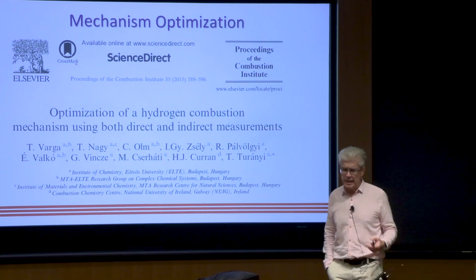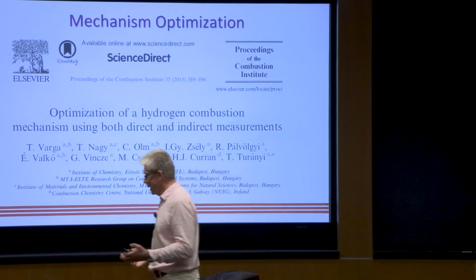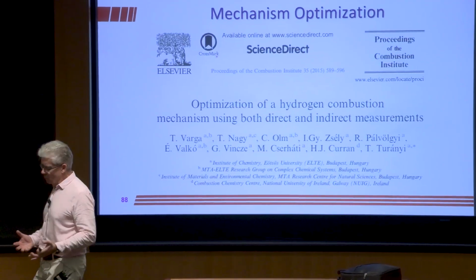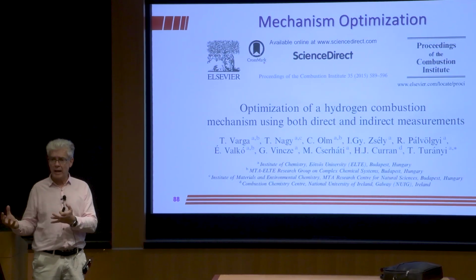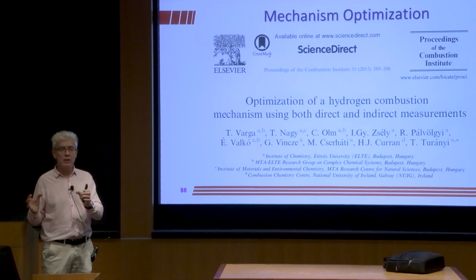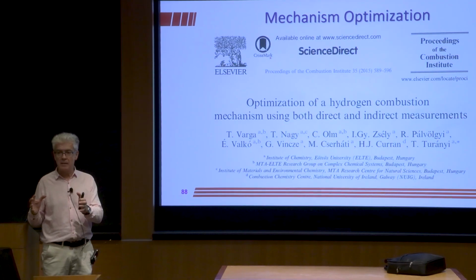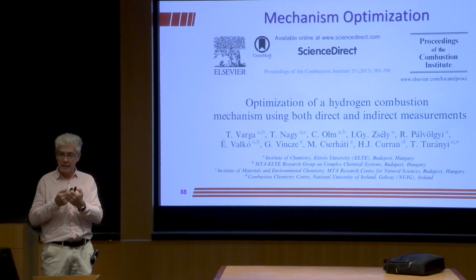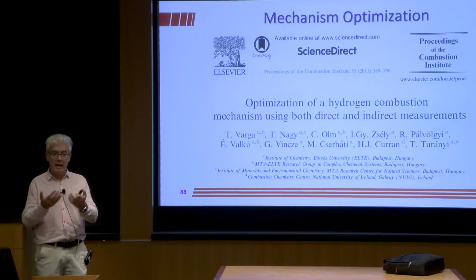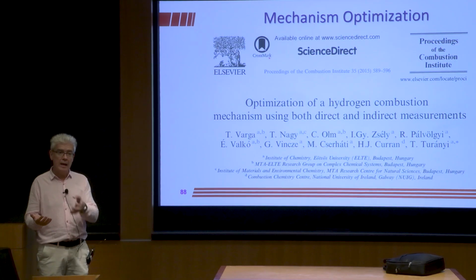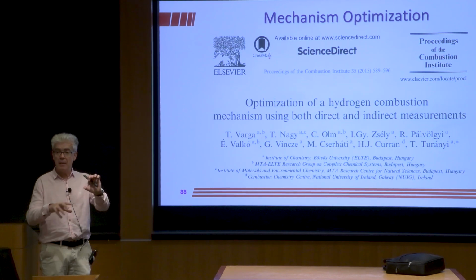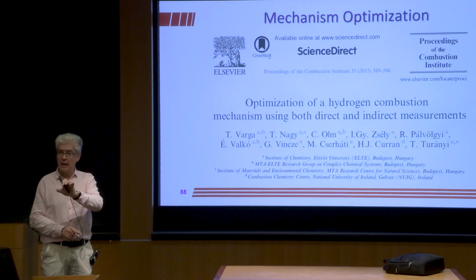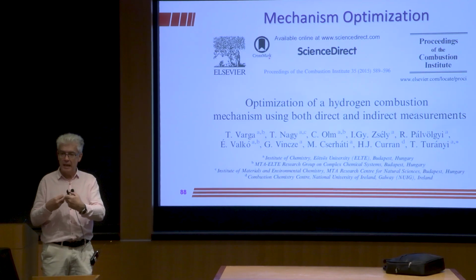Essentially what they were doing, and I hope I get this right, and I don't mean any offense, was taking a series of direct and indirect measurements, assigning uncertainty bands to the experimental measurements and the calculations, and then allowing the mechanism to be optimized within the band of uncertainty for the rate constant, taking all the rate constants in the mechanism and doing that.